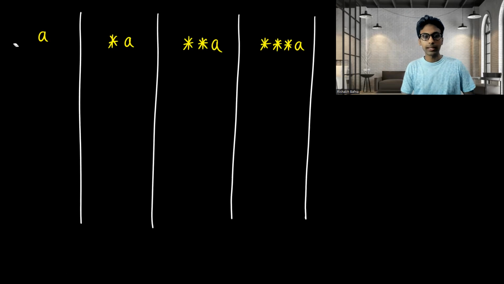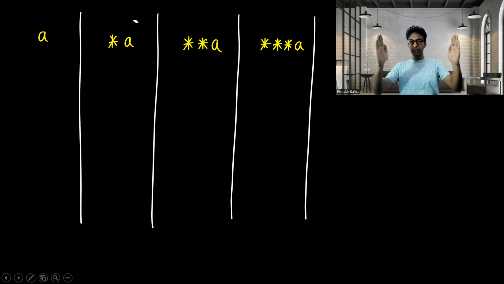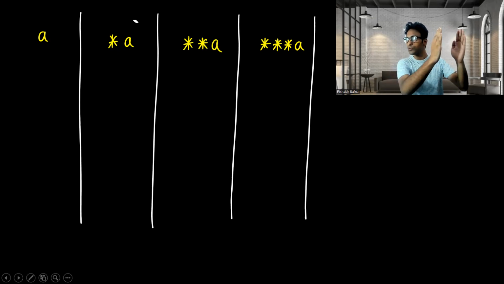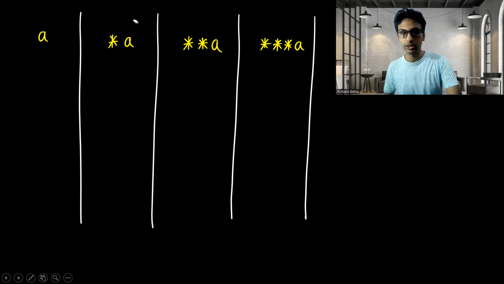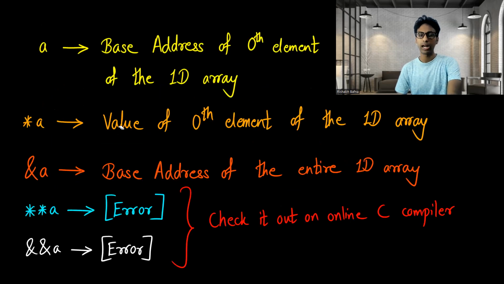See, what is a? This is a 1D array. A 1D array consists of multiple elements: 0th element, first element, and so on. What is a? The array name without subscript indicates the base address of the 0th element. Our assumption is that the base address starts with 1000.